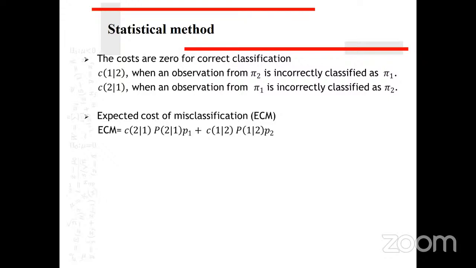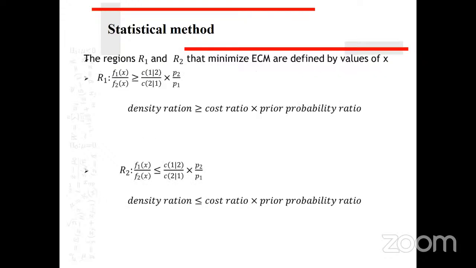So this will be the expected cost of misclassification. Now, in which region should our new object belong? If the density ratio is greater than cost ratio into prior probability ratio, then it will be classified in one group. And if this density ratio is less than or equal to cost ratio into prior probability ratio, it will be classified into the second group.